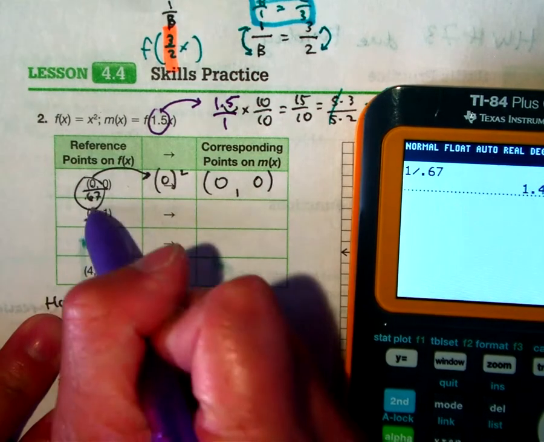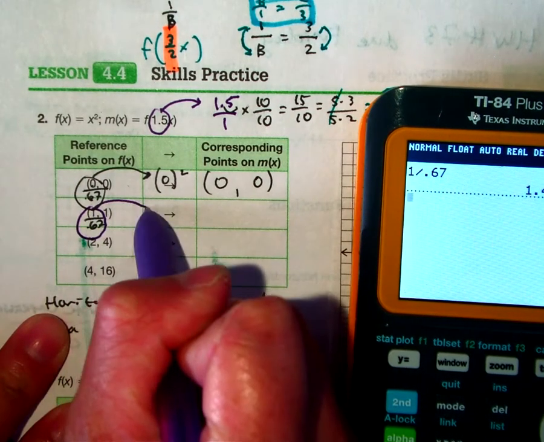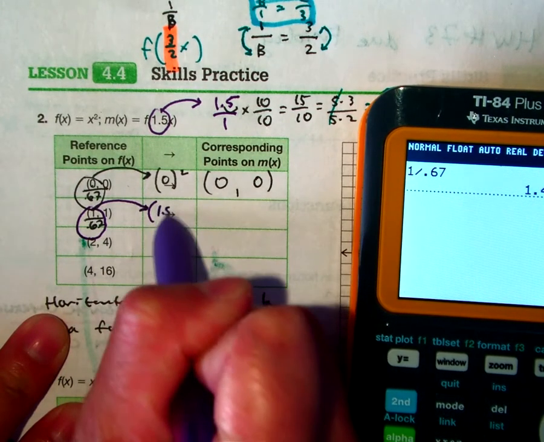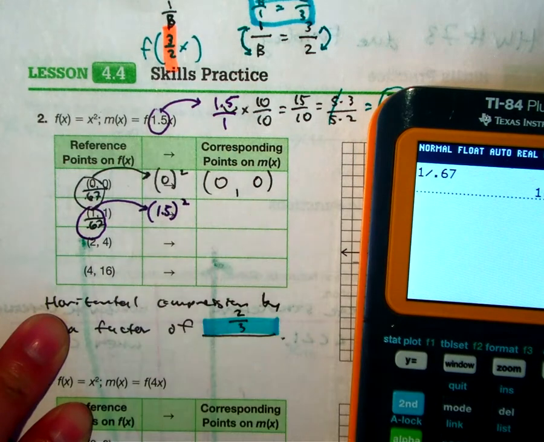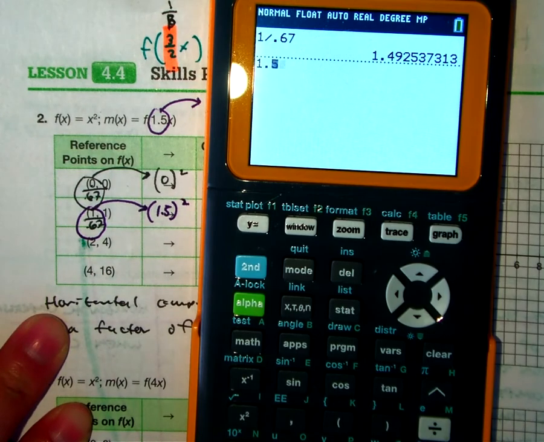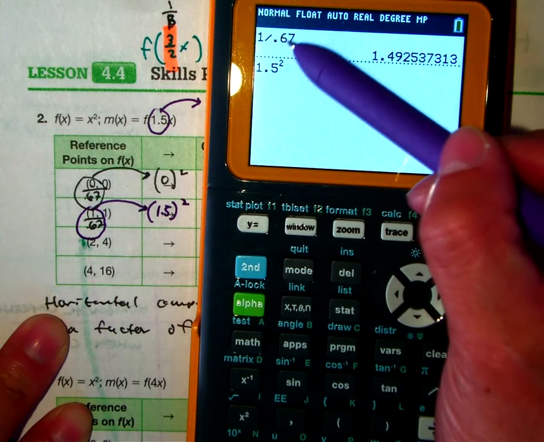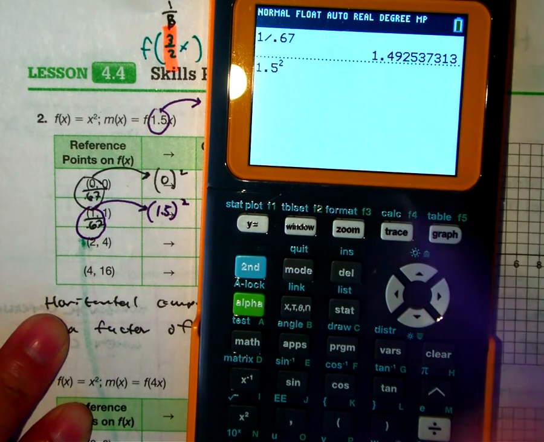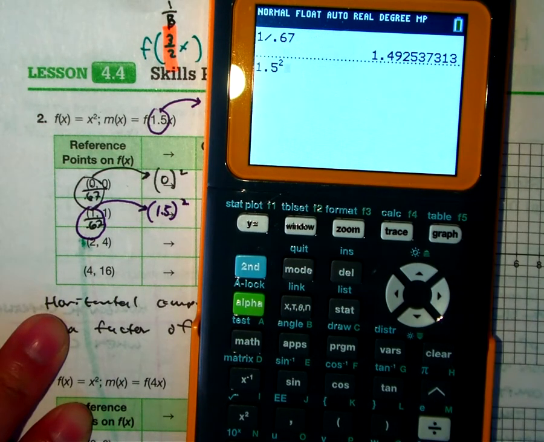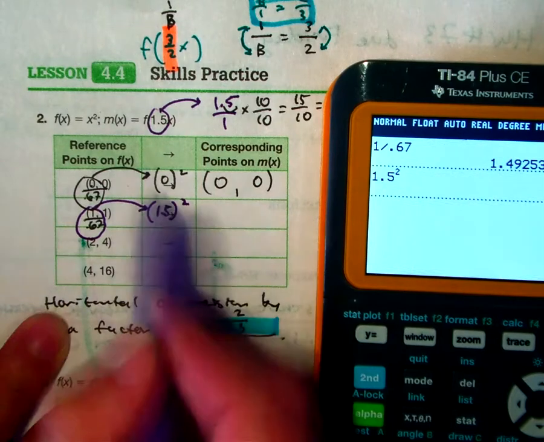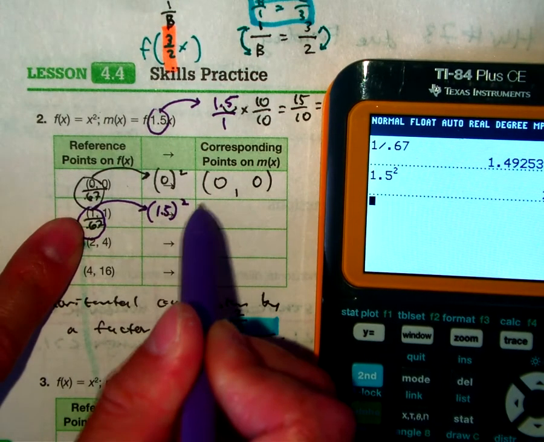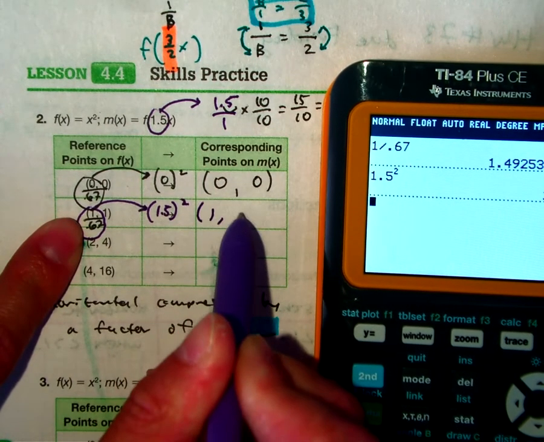So let's do this in purple. This is about 1.5. And if I square 1.5, the reason why I kind of round it back up is because this is really 2/3, and it'd be kind of complicated to show you guys the fraction part. So our x value was 1, and our output is 2.25.